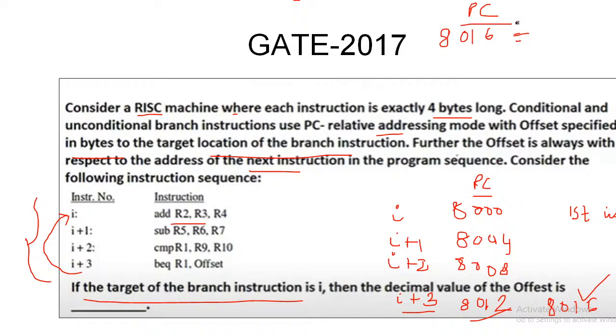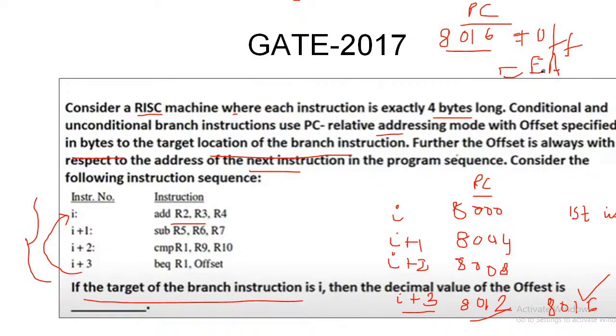Don't get confused, do not add +4 again. Already +4 I have added, because the previous program counter value was 8012 and it is a 4-byte instruction, so now it is 8016. Then you have to add some offset, and that is going to be the effective address, right?